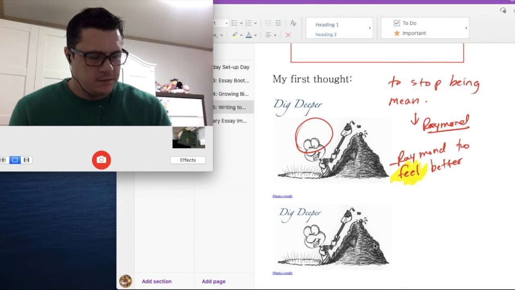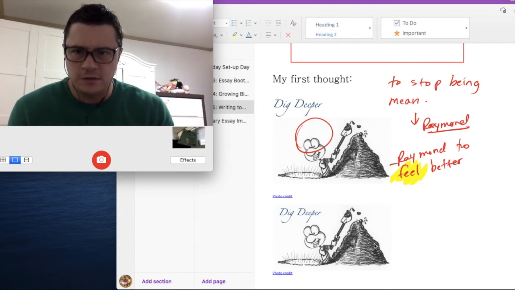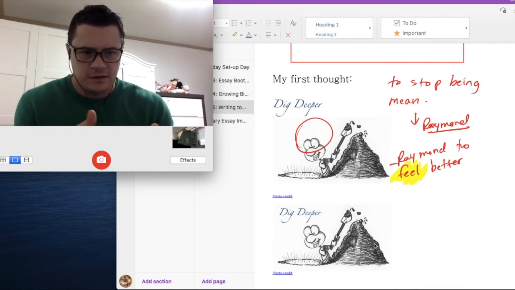Now, if I ask myself, why did I really want those sneakers? Okay, it wasn't that I wanted the sneaker for a reason that had anything to do with the sneaker. There was nothing special about it. It's a sneaker. There's lots of sneakers in the store. Okay, they all serve the same purpose.